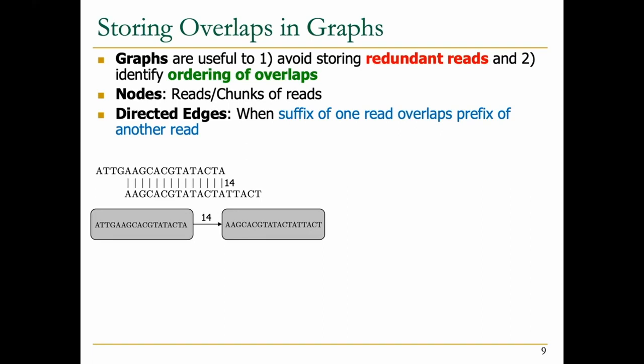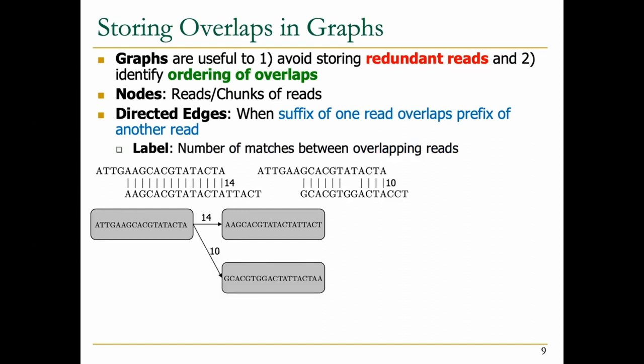There is one more piece of information that we store, which is the label on the edges, which usually stores either the number of matching bases. For example, here it says, I guess, there are 14 bases that match between these two, and here 10 bases. Or you could also store the difference between them. It's essentially the same.